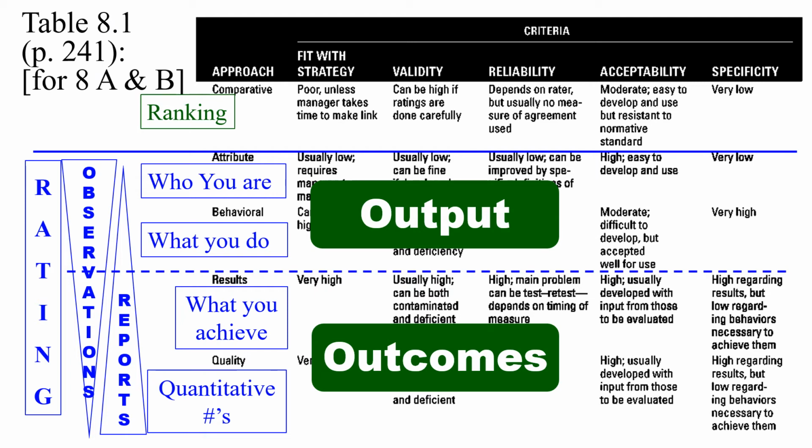Well, we've taken a tour of Table 8.1 for the approaches, that left-hand column, and we're trying to think about what methods would your organization use to evaluate the performance of your focus job? There's part of your shopping list.